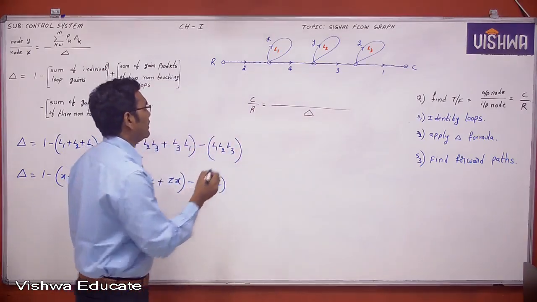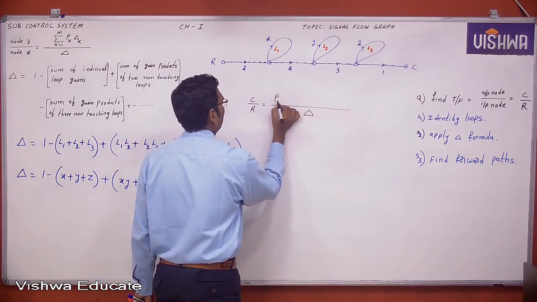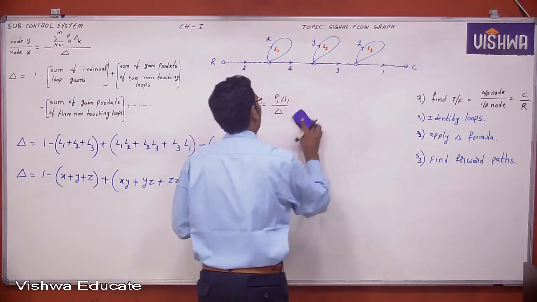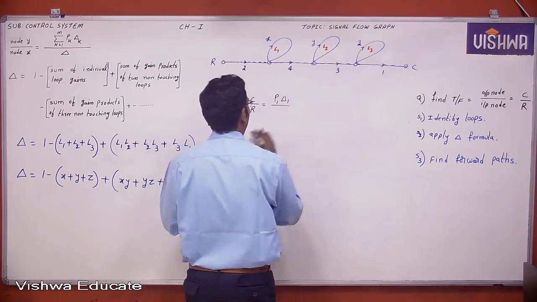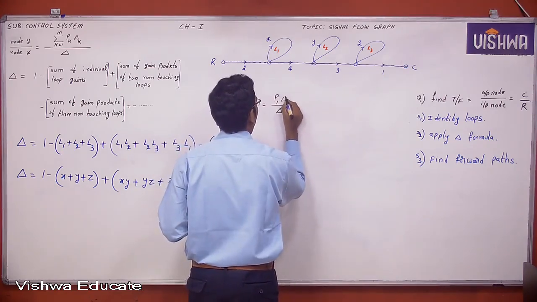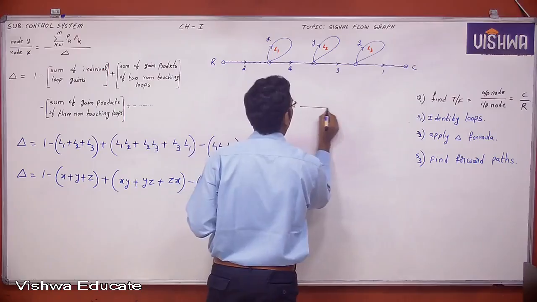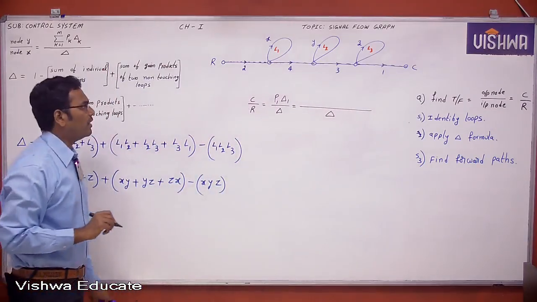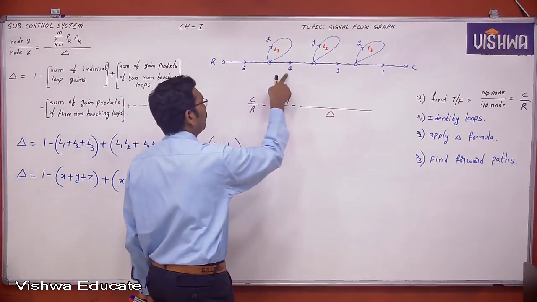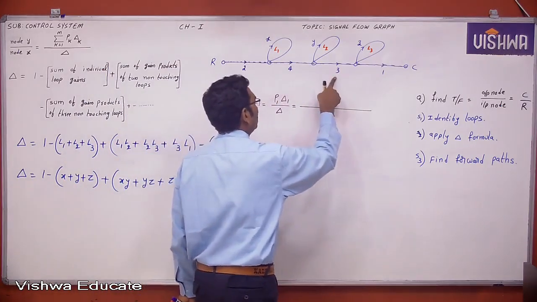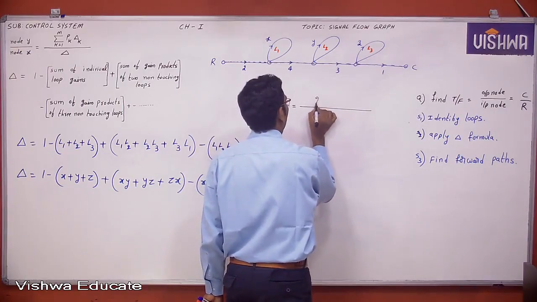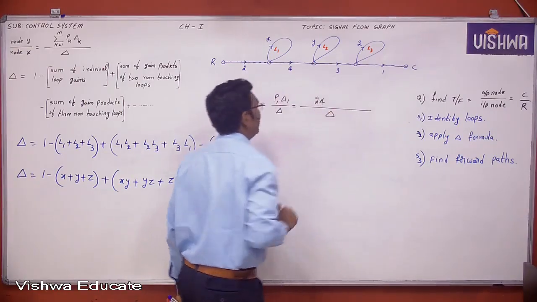With only one path, it is P1 delta 1 by delta. What is the only forward path gain? 2 into 4 is 8, 8 into 3 is 24, into 1. So 24.